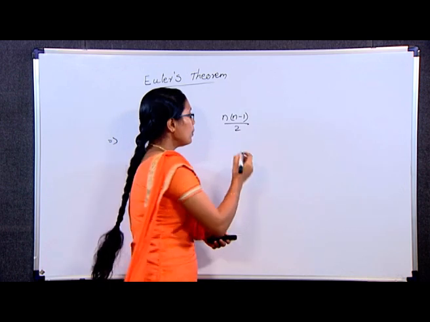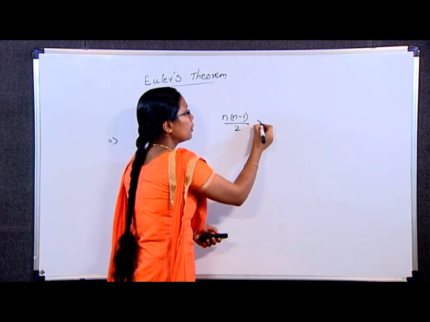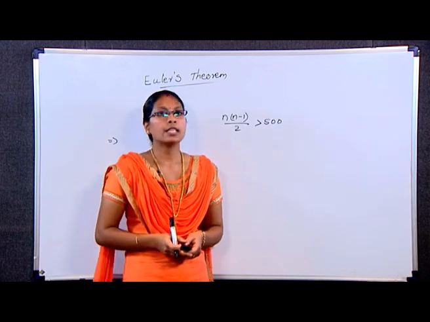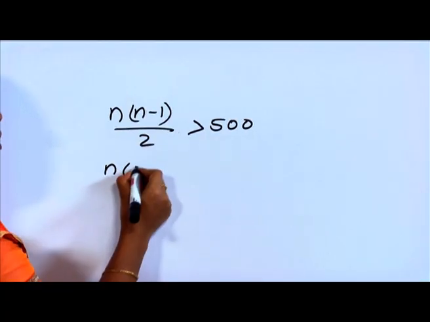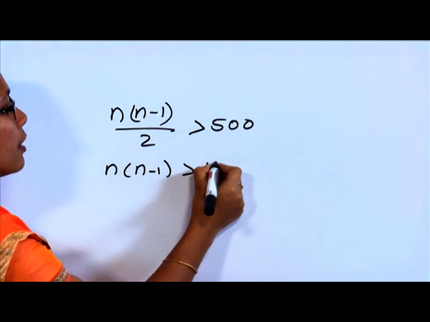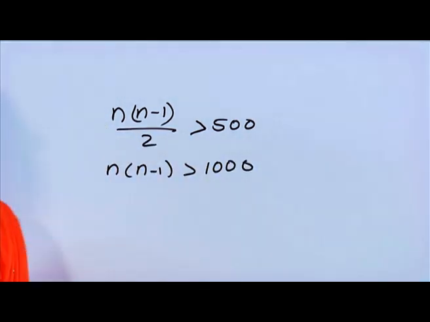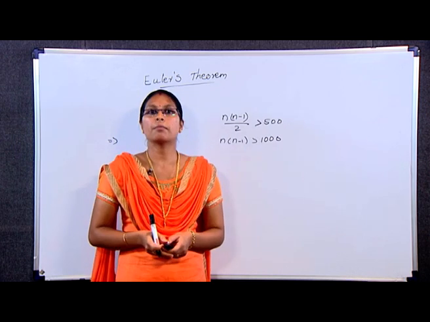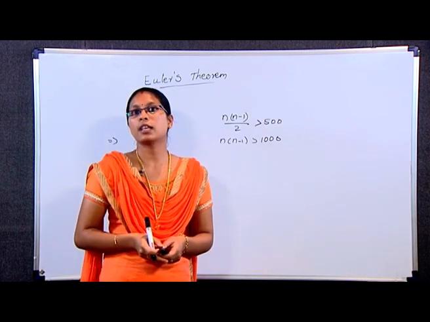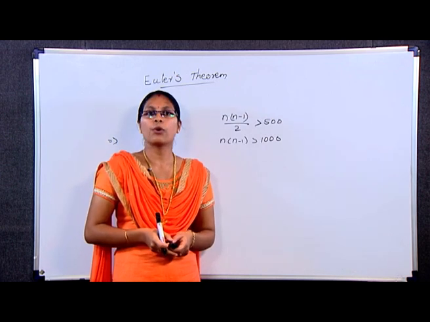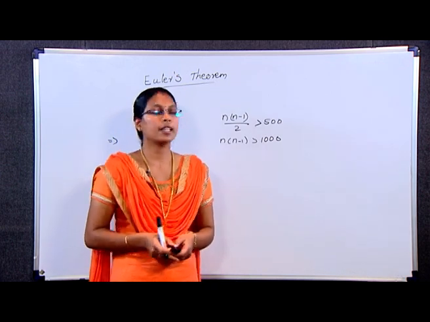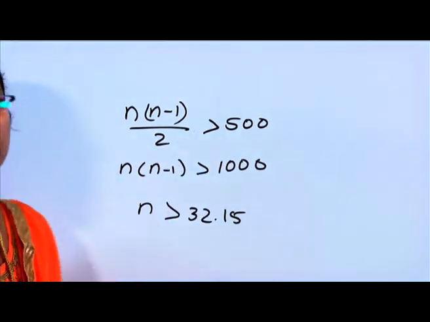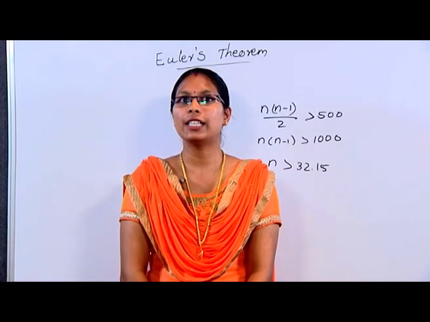Given n(n-1)/2 is greater than 500, this implies n(n-1) is greater than 1000, which implies n² - n - 1000 is greater than 0. Solving for n, we get n greater than 32.15. Hence, n equals 33.